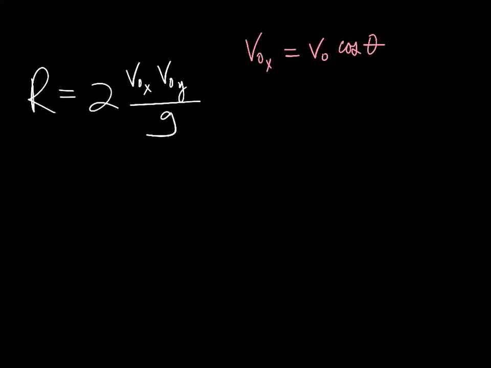That's just applying a definition that's in every math book, and it's also in your physics book. All right? And V naught y would be V naught sine theta.